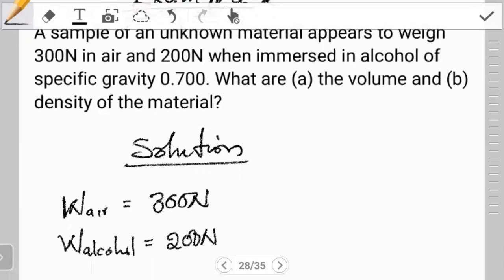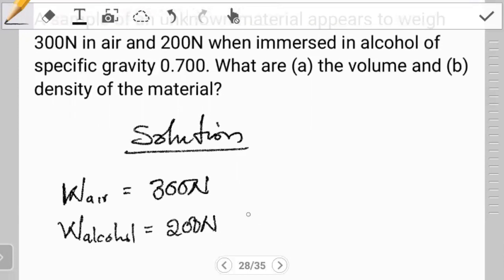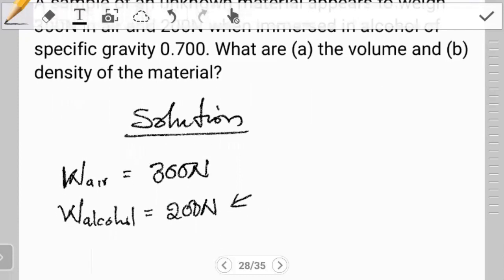I hope you guys are able to tell that this value which is given as the weight in alcohol is actually the apparent weight, because this is the weight that this object has when it is immersed in alcohol. So this time we're not really talking about air and water. We're talking about air and alcohol. So the only thing missing here is the buoyant force.